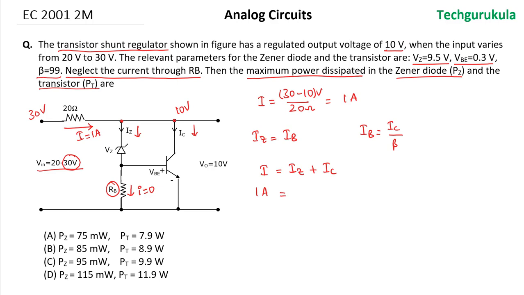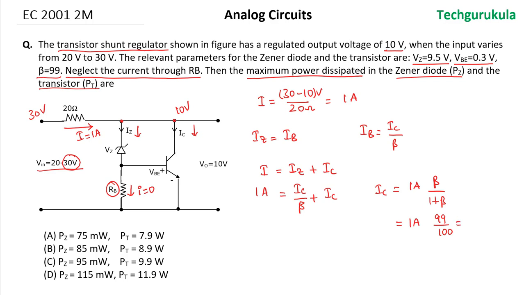Now we are already given IZ is IB, so let's just find that out here. This is 1 ampere. So we can write IZ is equal to IB, where IB is IC by beta. So let me write that here. This is IC. Now we can find what is IC. IC is equal to 1 ampere times beta over 1 plus beta. So IC will be equal to 1 ampere times beta, which is 99, over 100.